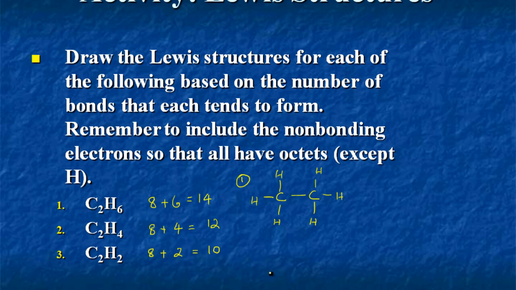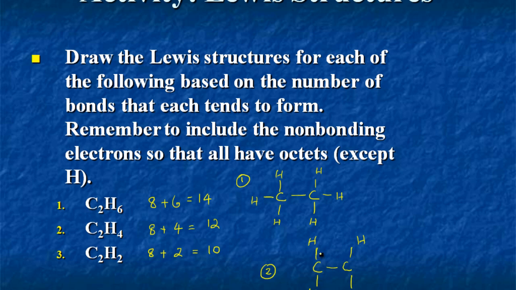Now let's do the second one, which is C2H4. Once again, 2 carbons in the middle, 4 hydrogens. So we give 2 on each carbon. How many are we using so far? 2, 4, 6, 8, 10.